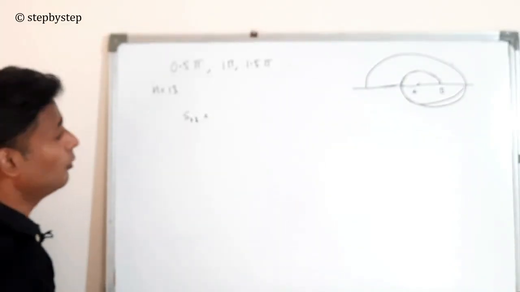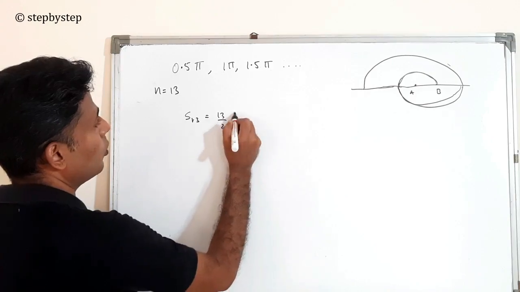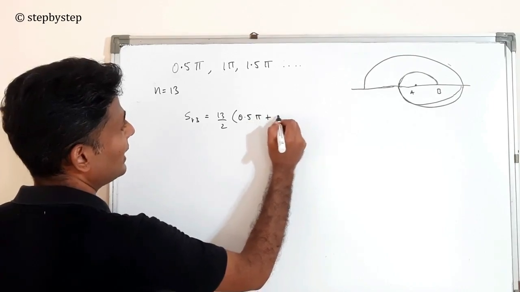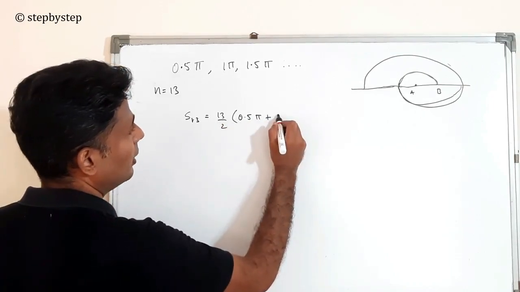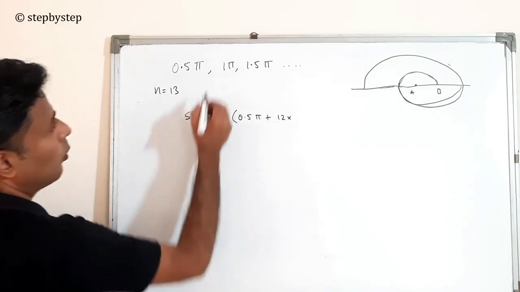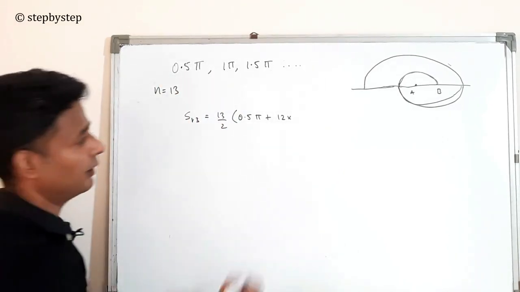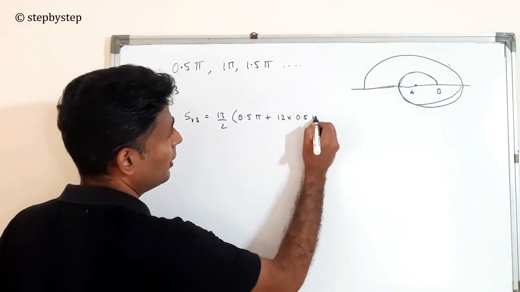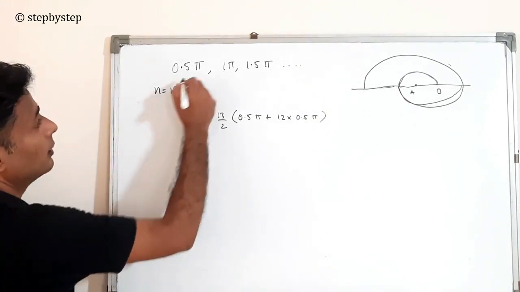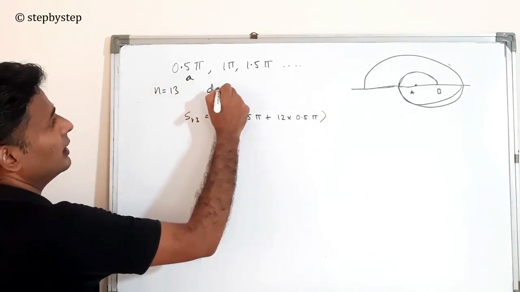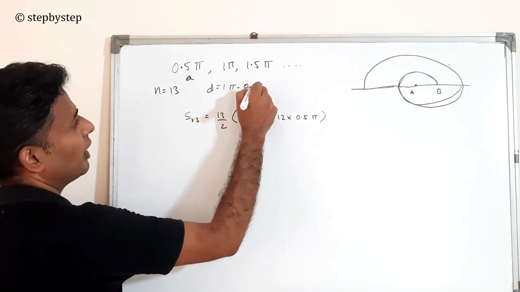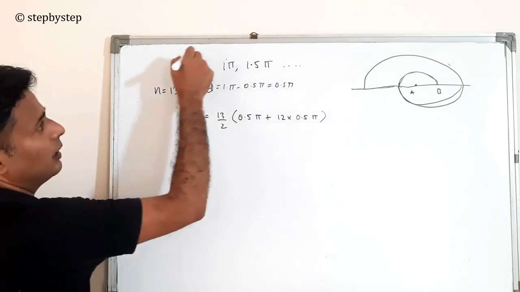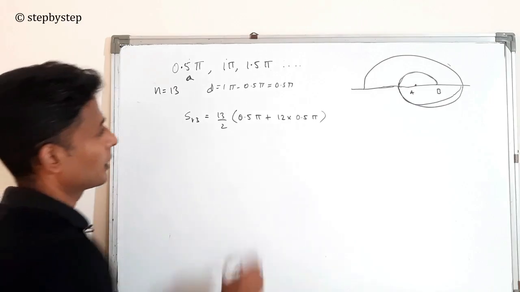So S of 13 will be n by 2, that is 13 by 2, into a, that is 0.5 pi, plus n minus 1, that is 13 minus 1, 12, into d. What is d? 1 pi minus 0.5 pi, that is 0.5 pi. This is your a. d is 1 pi minus 0.5 pi, that is equal to 0.5 pi, second term minus first term.